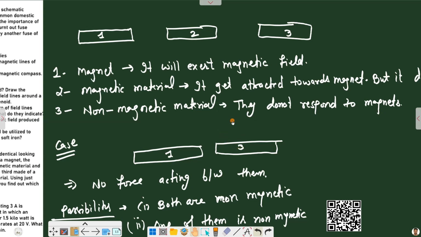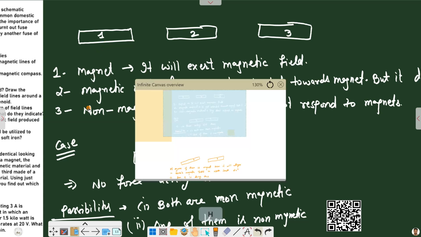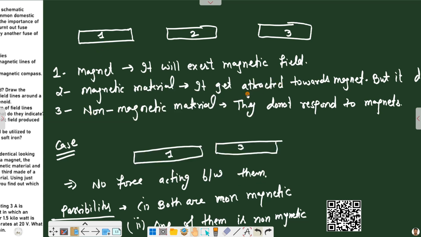So magnetic material will be in some random direction, but a magnet will always be in the north-south direction. That's how we can find out which one is a magnet, which one is non-magnetic, and which one is made of magnetic material. So with this the question is complete.